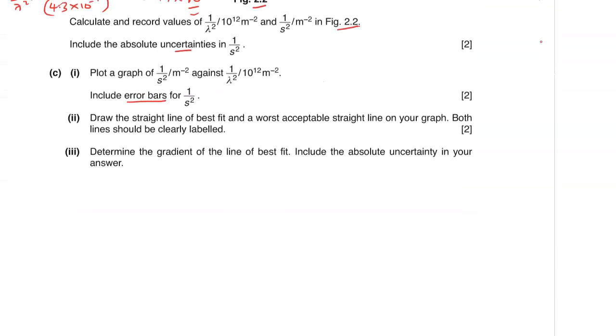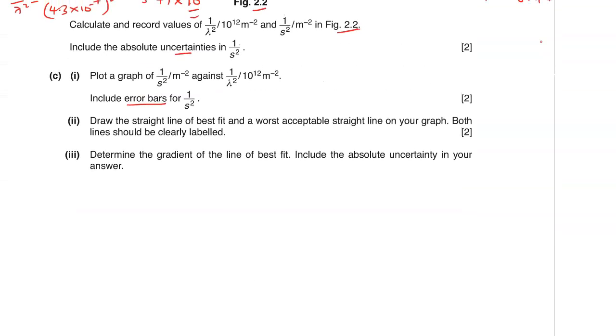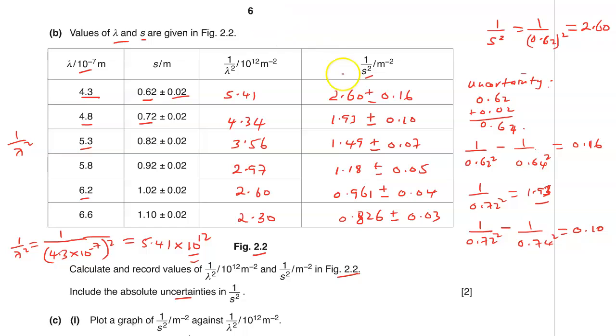All right. Then we are taught to include the error bars. To include the error bars, you draw for 1 over s squared. You draw the error bars at point 2.6, 0.1 above, and 0.16 below, plus or minus.